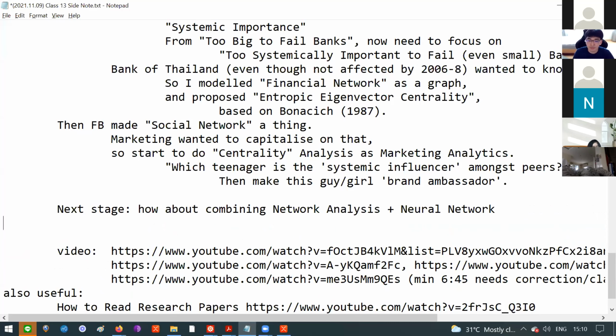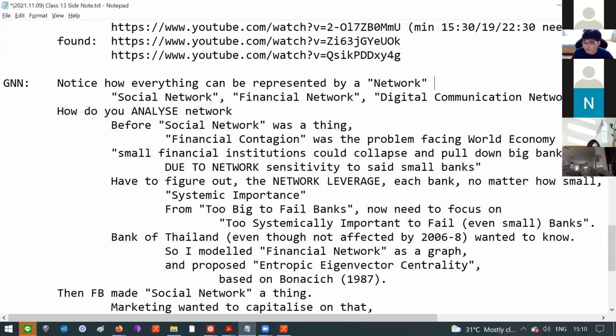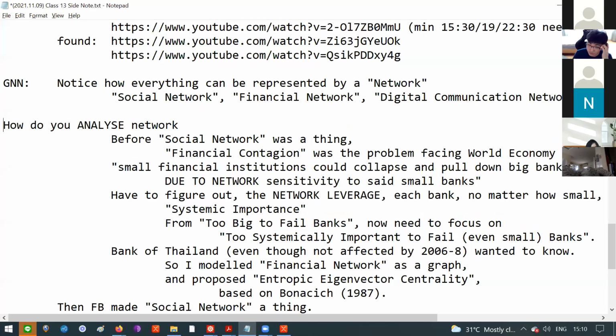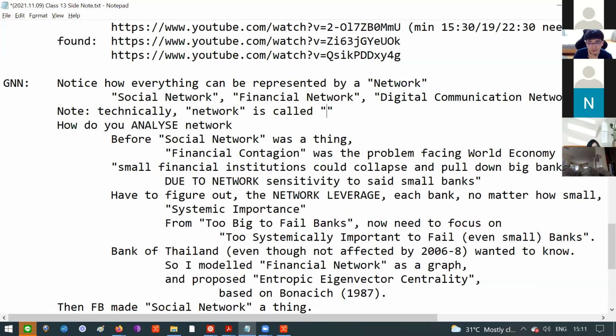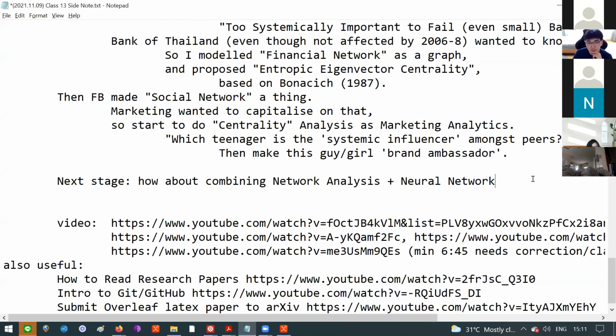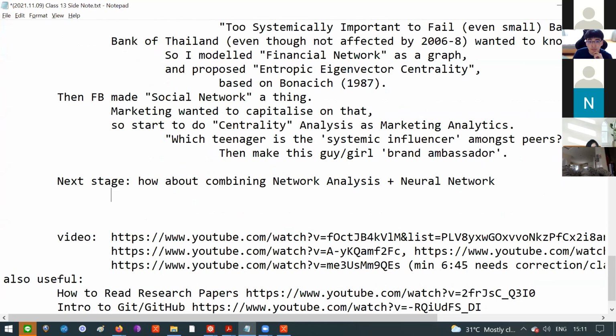Technically, a network is called a graph in mathematics. So when you combine network analysis with neural network, you get a graph neural network.